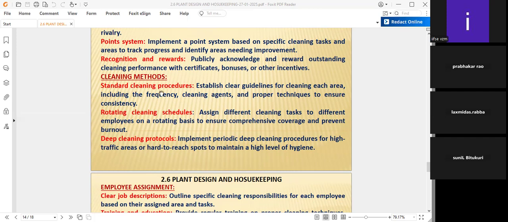What do you mean by standard cleaning? It means establishing clear guidelines for cleaning each area, including the frequency, cleaning agents, and the proper techniques to ensure consistency. Normally, if you see the crèches, rest houses, bathrooms, urinals, and laboratories, they will not clean with cleaning agents.